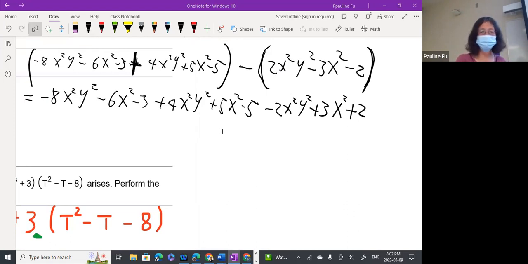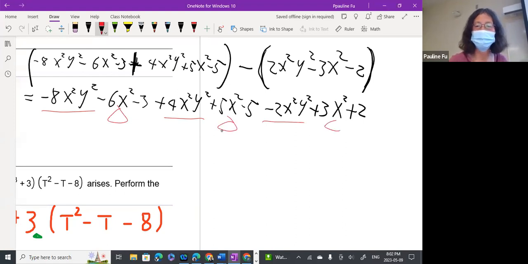Now, collect the like terms. x squared y squared, x squared y squared, -6x squared y squared, x squared, x squared, x squared, and the constants -3, -5, +2. Okay?